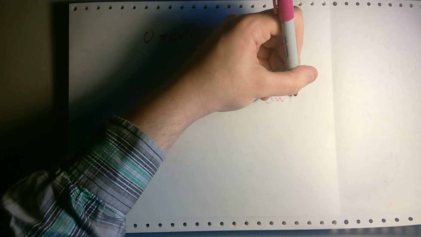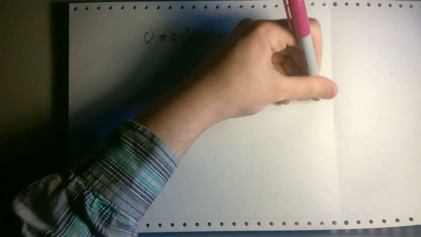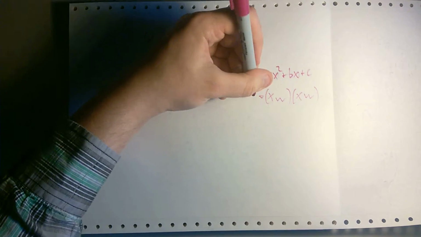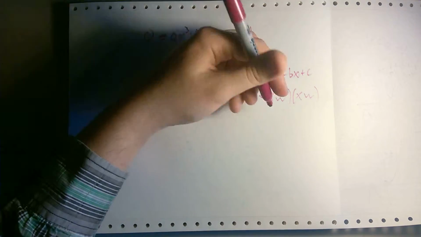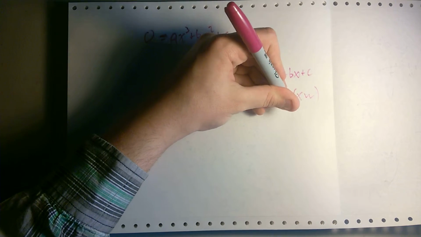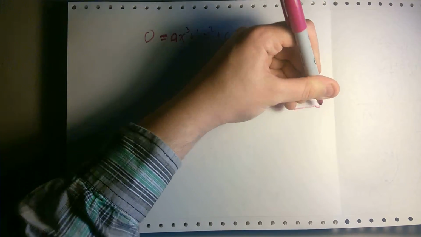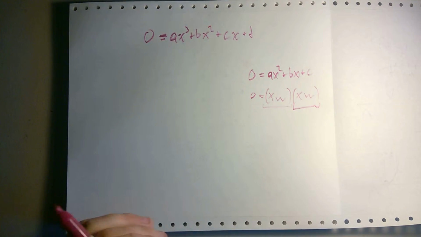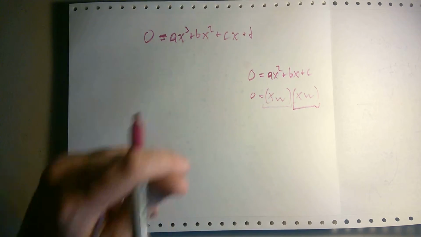I don't know what the terms are, but this is a method for just solving a regular quadratic. Well, you know that this will equal 0 if either one of these is 0. They might be 0 at the same time. They might be 0 at different times. Different x values, that is.